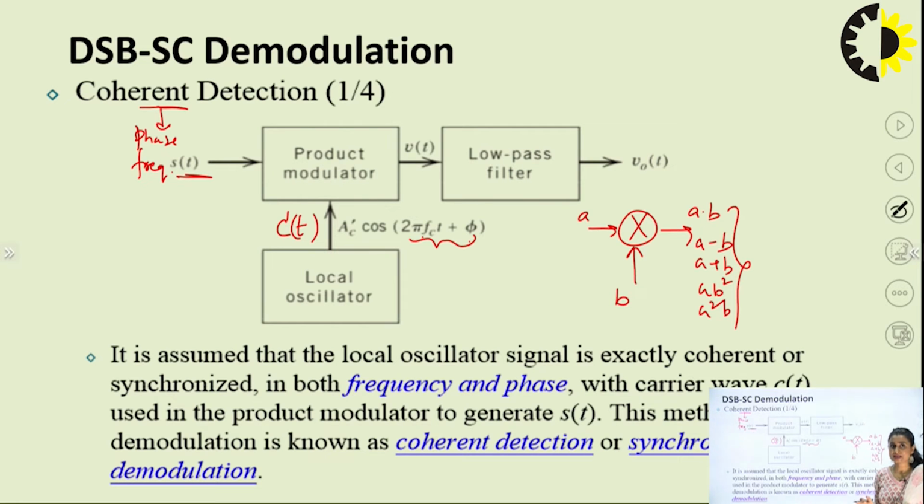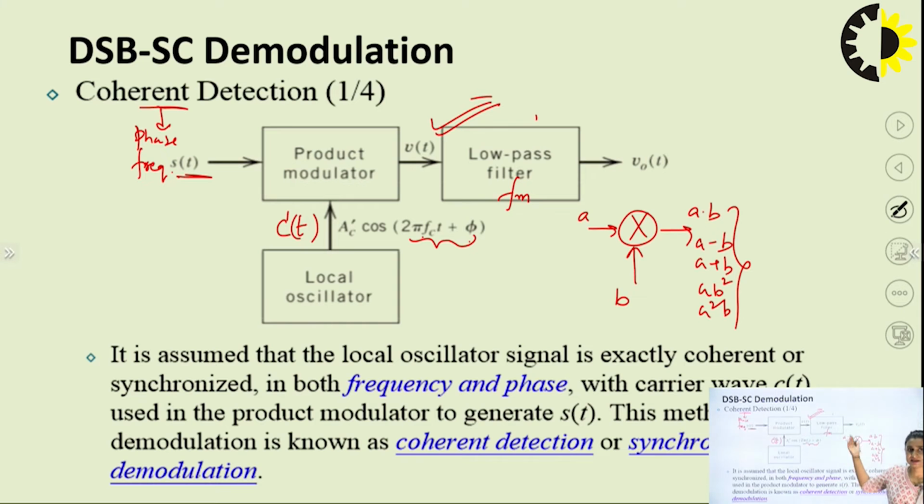But next, how do I select the frequency which is desired and useful for me? That I can decide by selecting a filter of the desired bandwidth and frequency. So as this is a receiver, I use a low pass filter which is tuned at the frequency of my message signal, right?